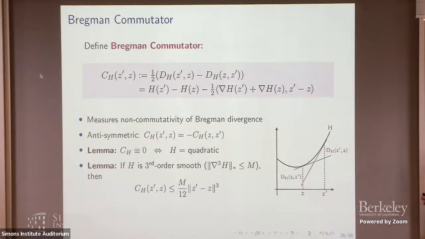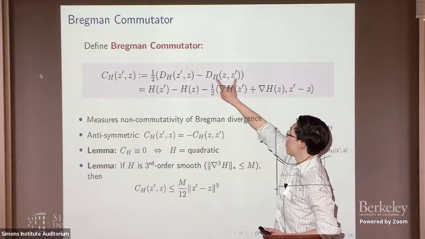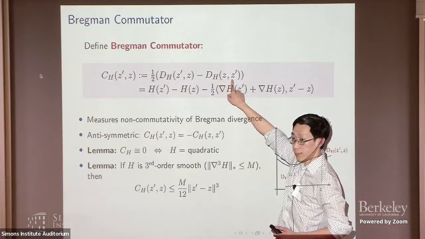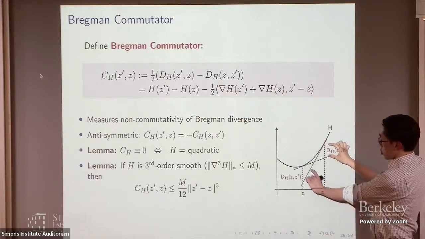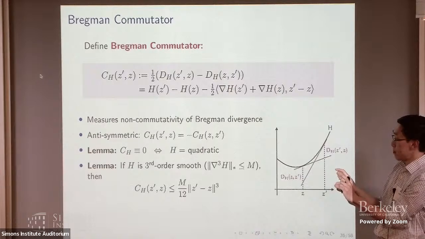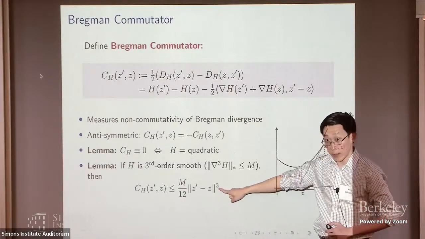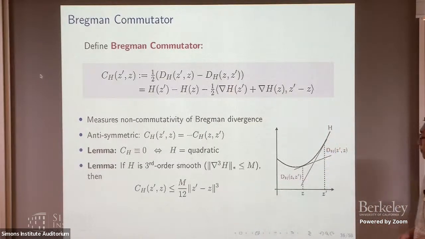Because zero means your Bregman divergence is symmetric, and that happens only when h is quadratic. And moreover, usually Bregman divergence is bounded like a quadratic function between z and z prime. Here, Bregman commutator is the difference between two second order terms. So we can bound it by a third order expression under third order smoothness.